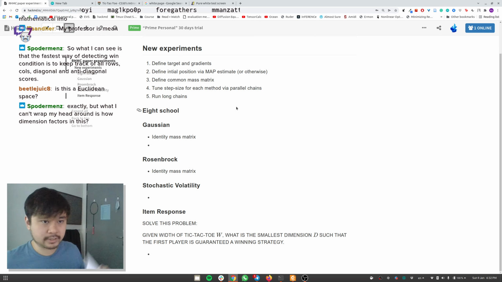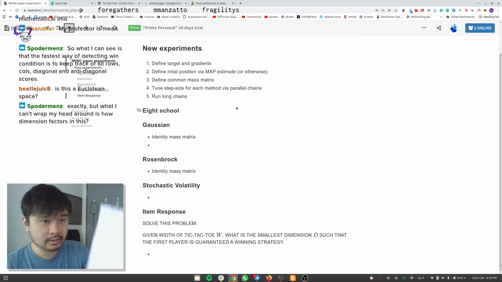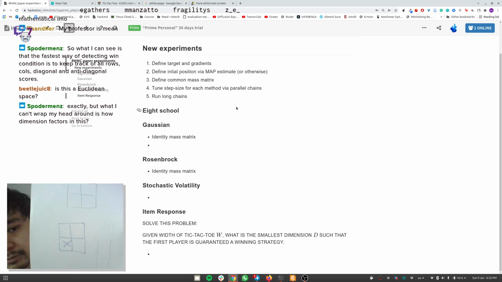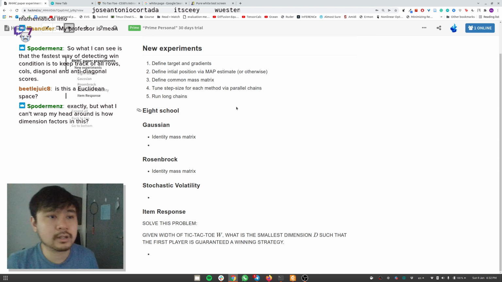In a 2D case, if you place an X like this, you influence one row here, one row here, and one diagonal here, right?